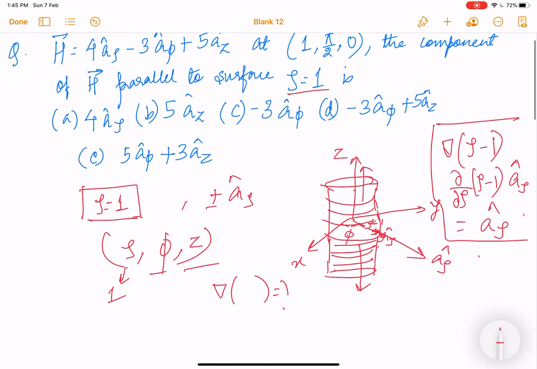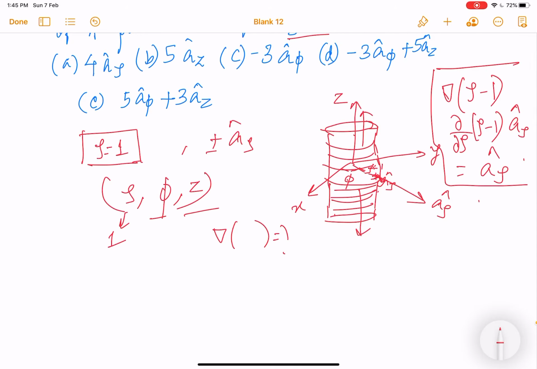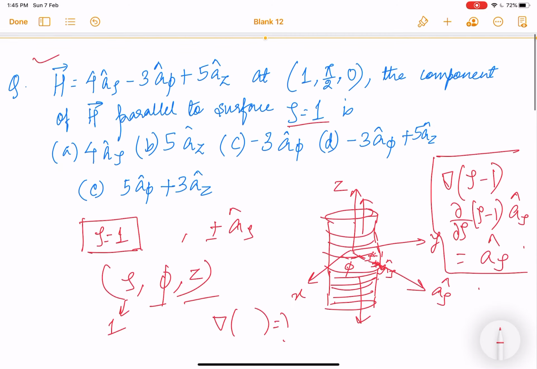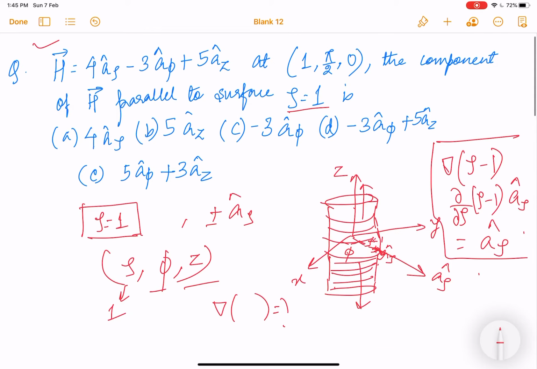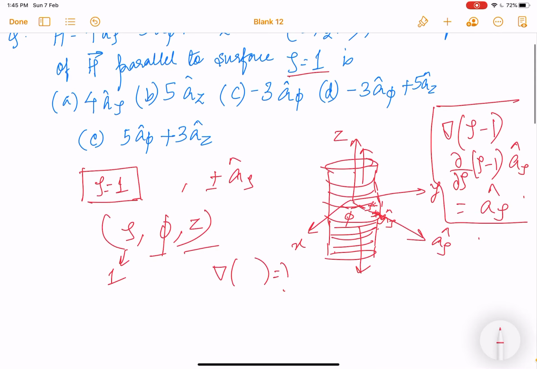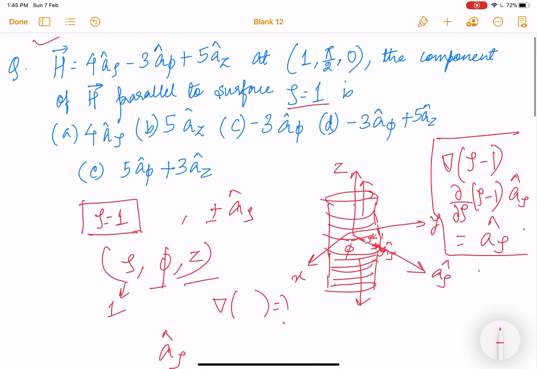Just remember this. Then what is it that it's asking? The component of H parallel to the surface rho is equal to 1. Since I know what is normal to this surface, I can do one thing.